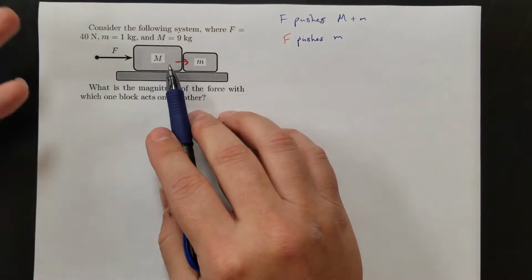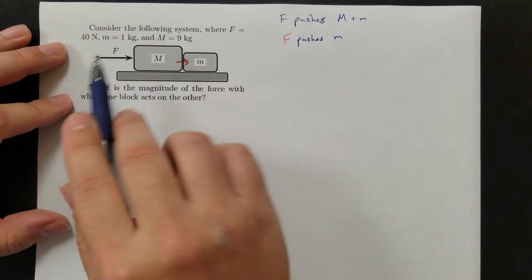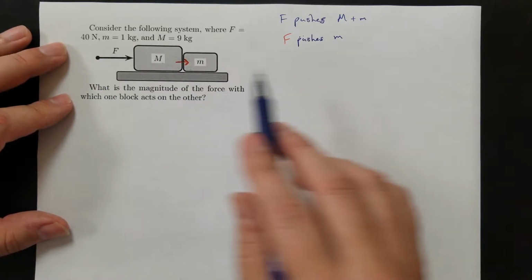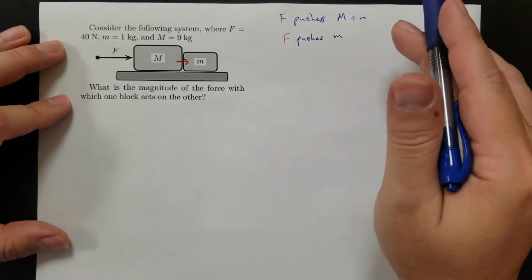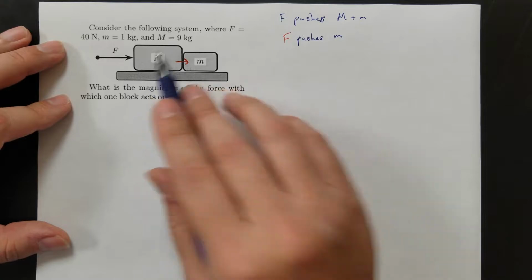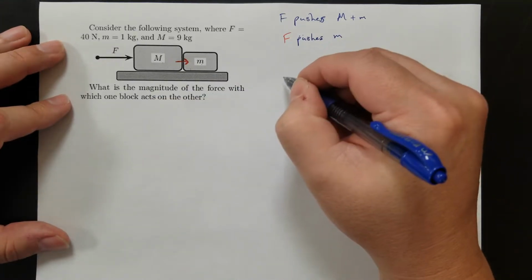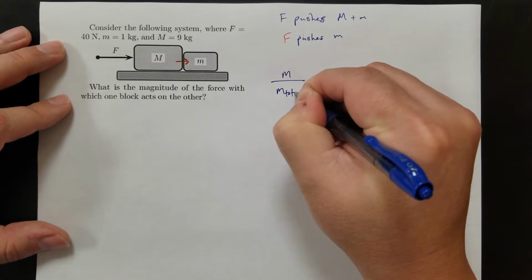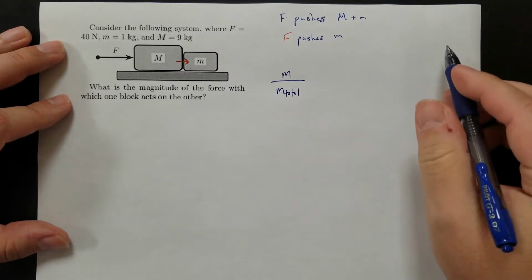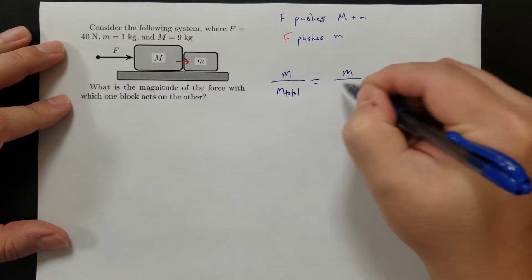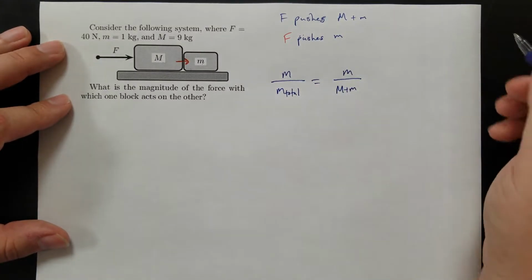But the way to solve this is it's just a proportion, right? The ratio of the masses is going to be equal to the ratio of the forces. So the way to solve this is to figure out how much your little mass is of your total. The ratio of little mass to total mass is little m over big M plus little m, right?